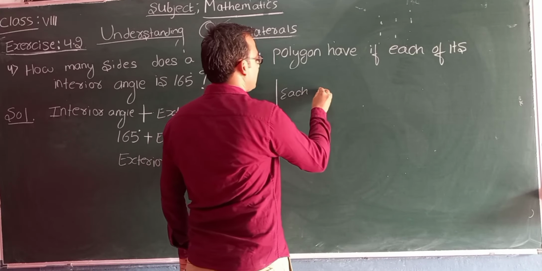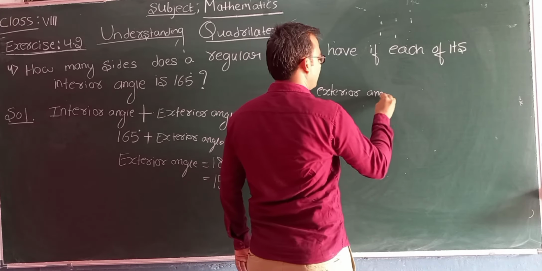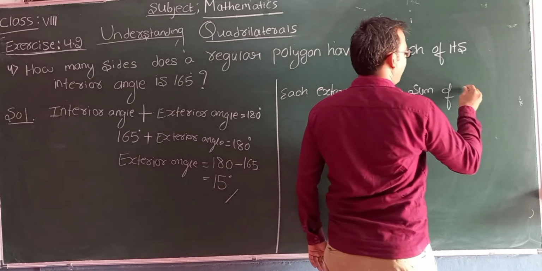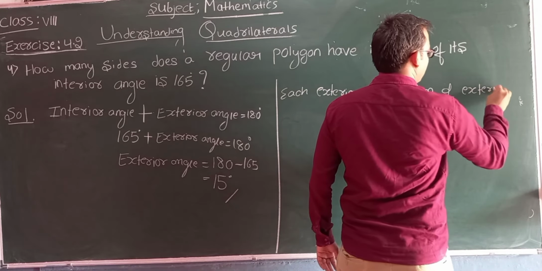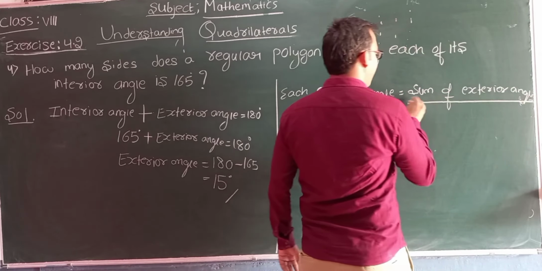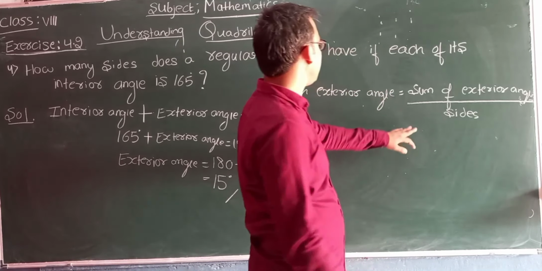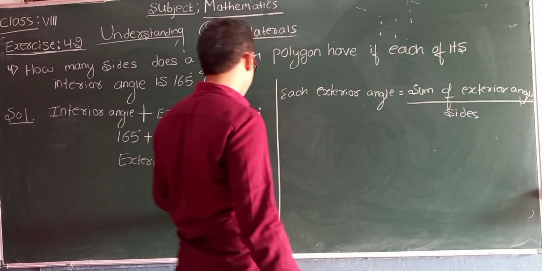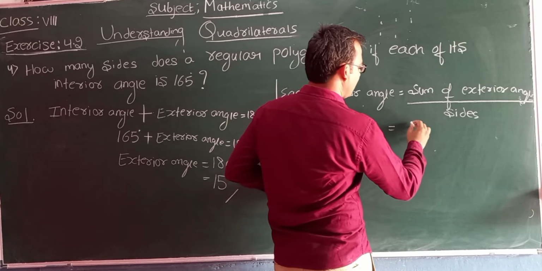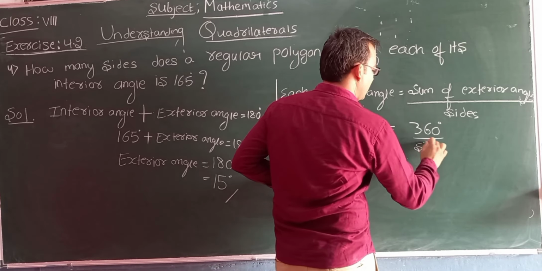Each exterior angle equals the sum of exterior angles divided by sides. Look here, exterior angle is how much? 15, and the sum of exterior angles is how much? 360 degrees, and here sides.